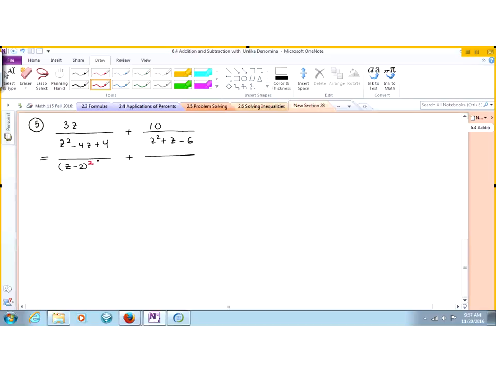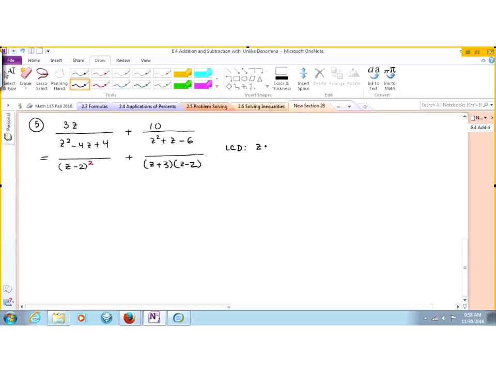So z minus 2 squared? Yes. So we have to write it in terms of square because remember I want the highest exponent. What about this? z squared plus z minus 6. z plus 3, z minus 2? All right, good.